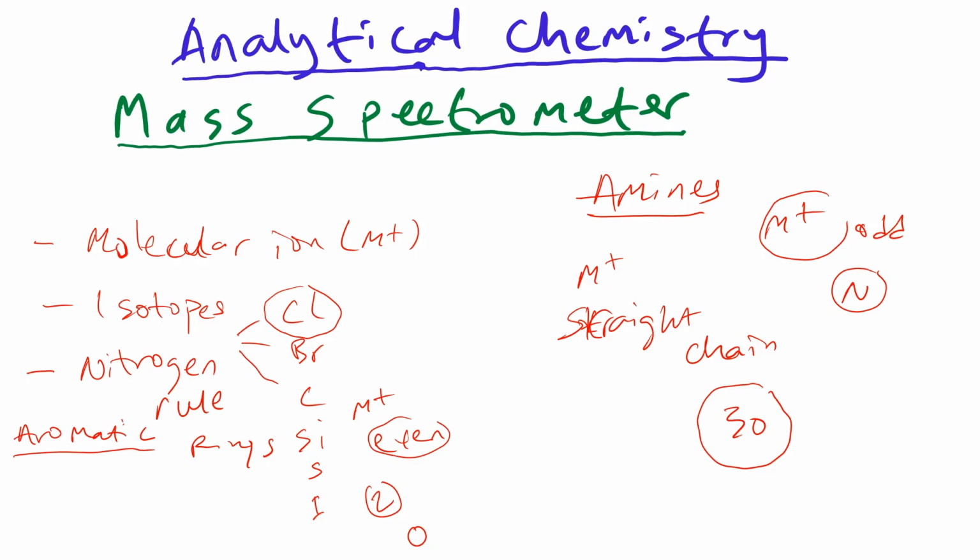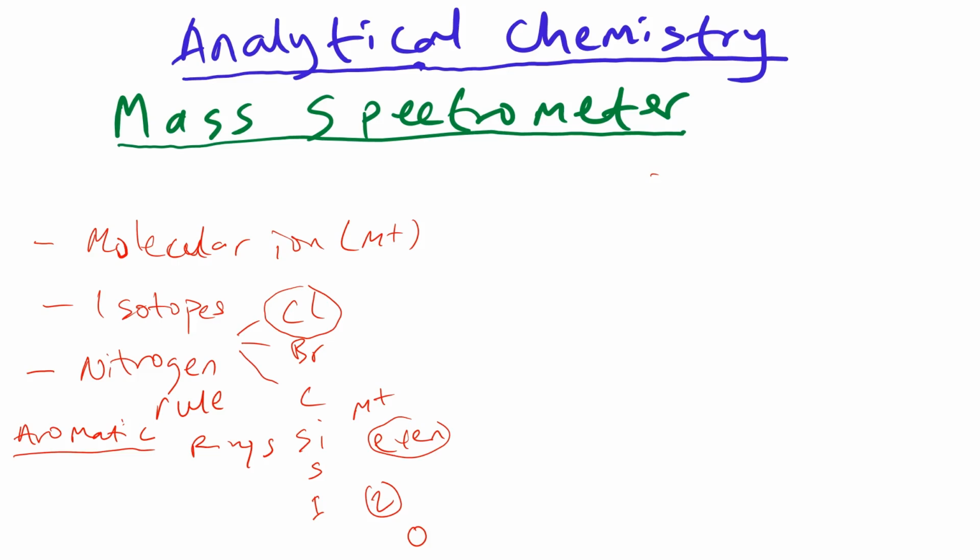Don't forget that the M+ peak is usually not prominent. It cannot be detected if it's a straight chain amine.